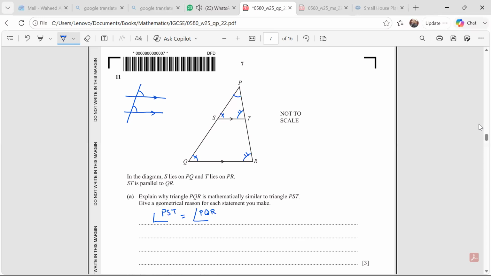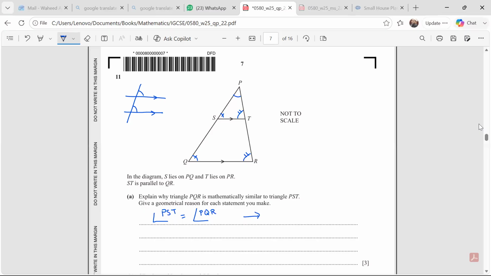And the reason is that it is created by similar angles. There's a special name for these two angles: angles created from the intersection of this third line with the parallel lines.